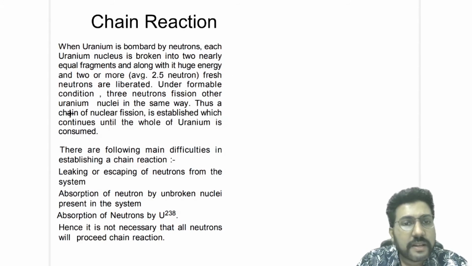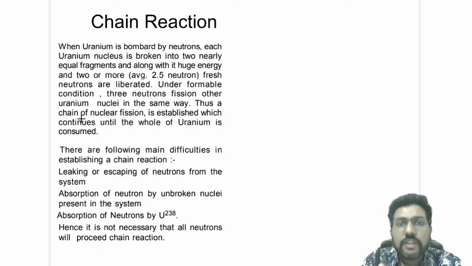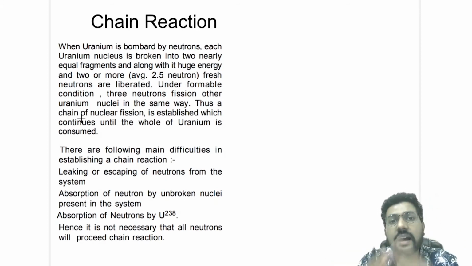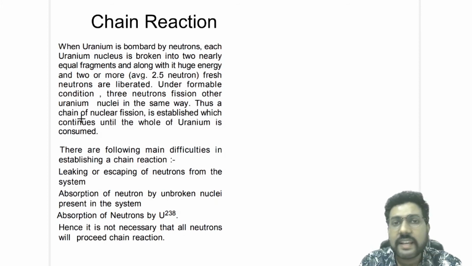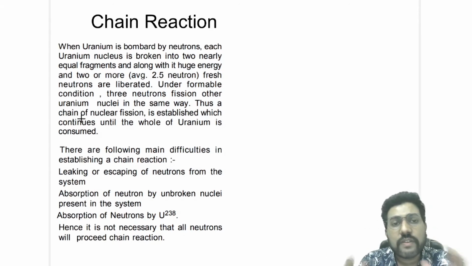Under suitable conditions, that means when you make the condition for the neutron to strike or produce fission in uranium-235, you have to slow down these neutrons, because the neutrons that are released are of very high kinetic energy. Such high kinetic energy will not produce fission, it will escape. So to produce fission or to use these neutrons to produce more fission, you have to slow it down.